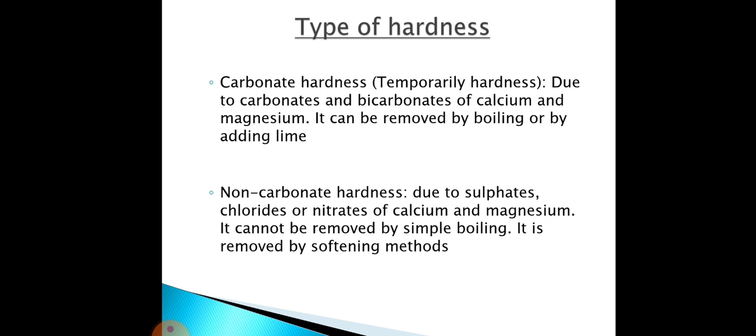Regarding types of hardness, there are two types. One is temporary hardness and the other one is permanent hardness. Temporary hardness is also known as carbonate hardness, and permanent hardness is also called non-carbonate hardness.